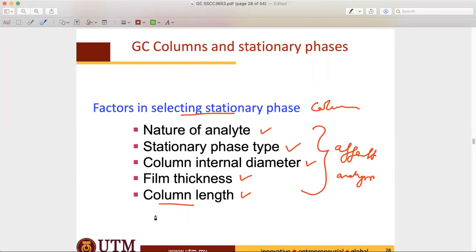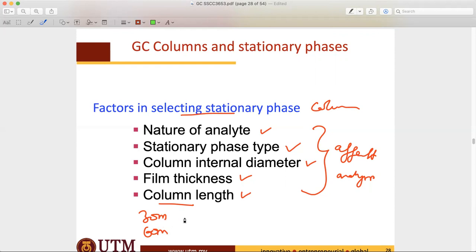If you do a separation on a column that is 30 meters and 60 meters, what is the difference? You would see that for the 30 meter column, the retention time will be much shorter than the 60 meters, because it takes more time for the analyte to go through 60 meters length as compared to 30 meters length.